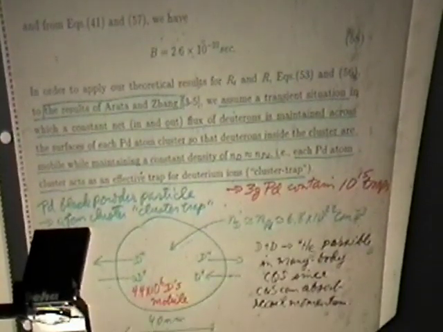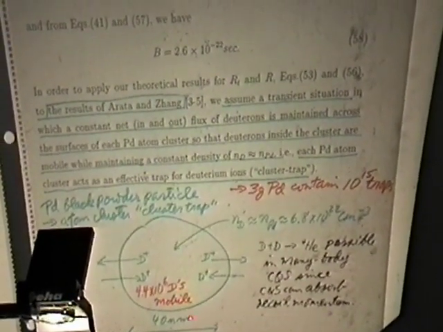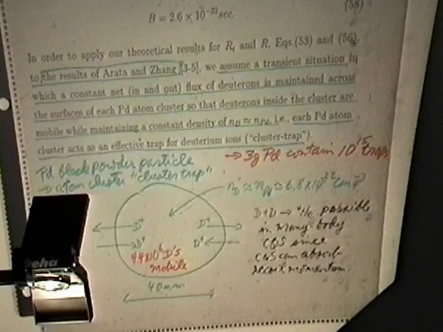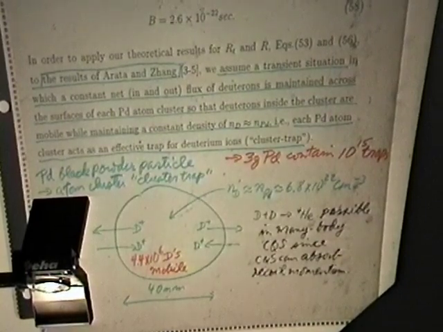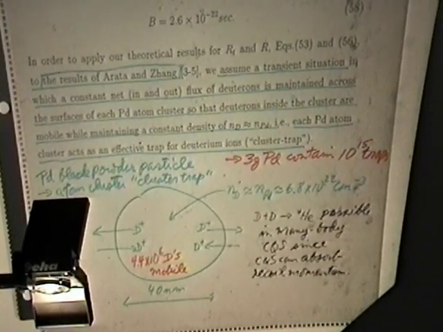So in order to apply this, I am going to look at Arata-Zhang's data, and he had something like 25 nanometer, but let's assume 40 nanometer powder particles. And let's assume this is a transient situation where deuterium can go in and out, but it's saturated to the same density as the palladium, in the number present here.